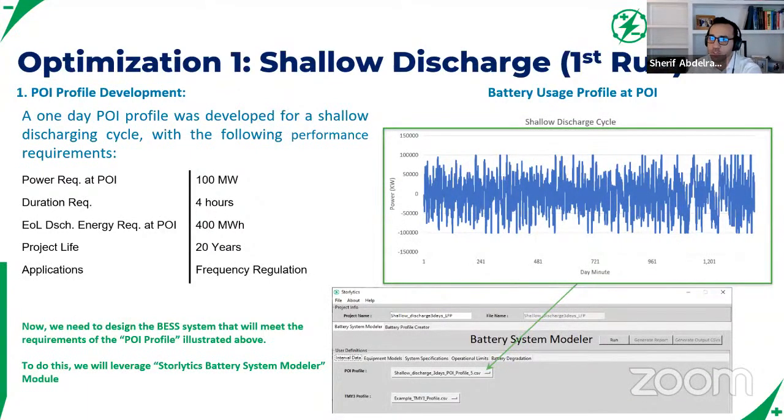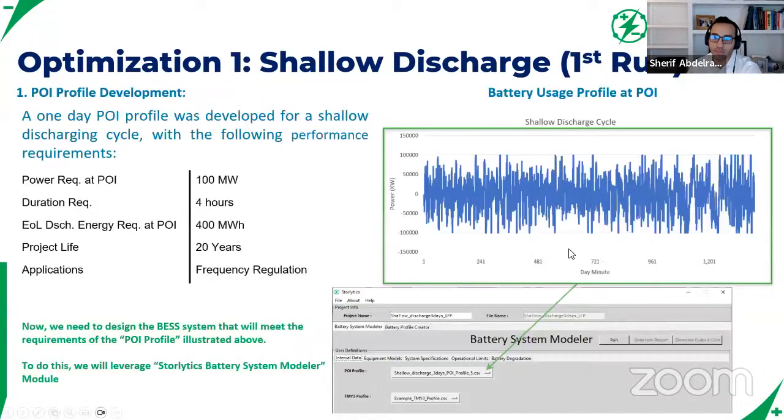battery usage profile. In this case, this is a frequency regulation market signal. I think it was from PJM, I may be mistaken on that, but it has exactly the same number of equivalent cycles per day as the first case.